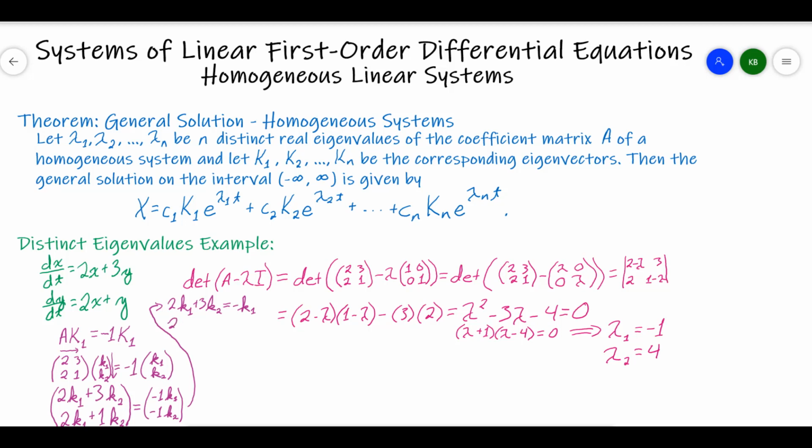And I know that my bottom entries have to be equal to each other, so 2K1 plus 1K2 must equal negative K2. And I can combine like terms. This is a system of equations now with two unknowns. Two equations, two unknowns. So I know I can solve for K1 and K2. And when I do that, I'm going to find that K1 is going to equal negative K2.